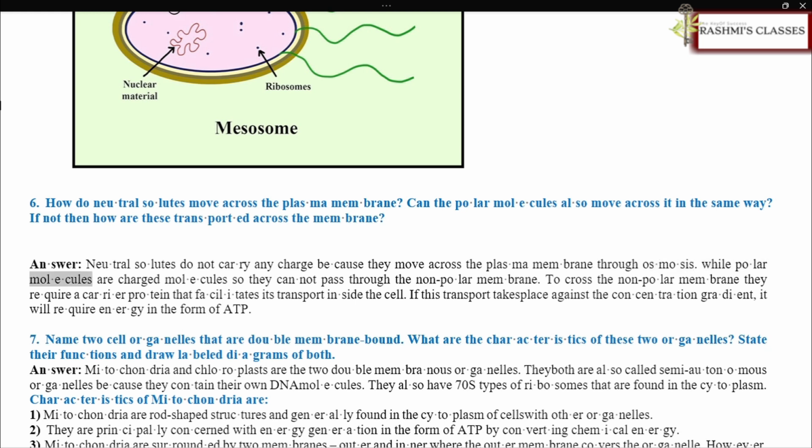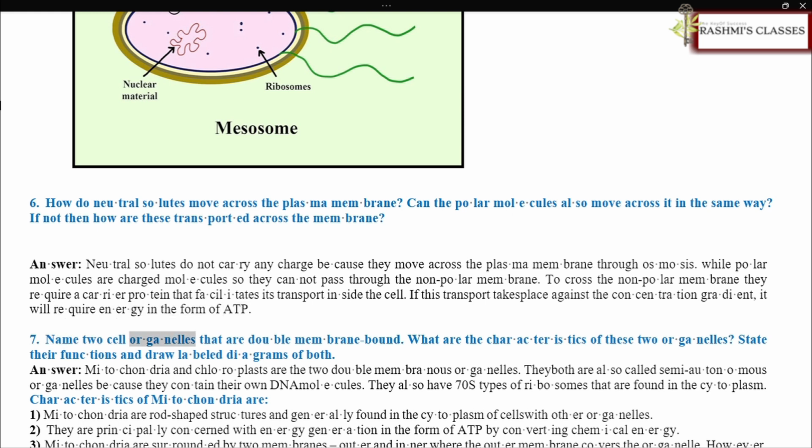Polar molecules are charged molecules, so they cannot pass through the nonpolar membrane. To cross it, they require a carrier protein that facilitates their transport inside the cell. If this transport takes place against the concentration gradient, it requires energy in the form of ATP.